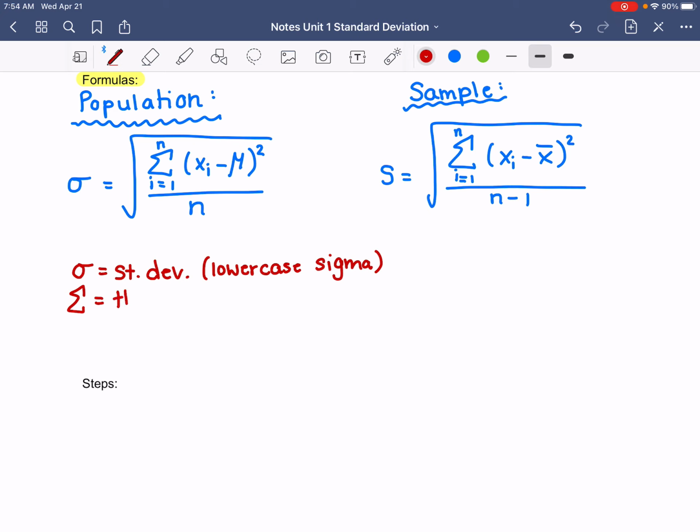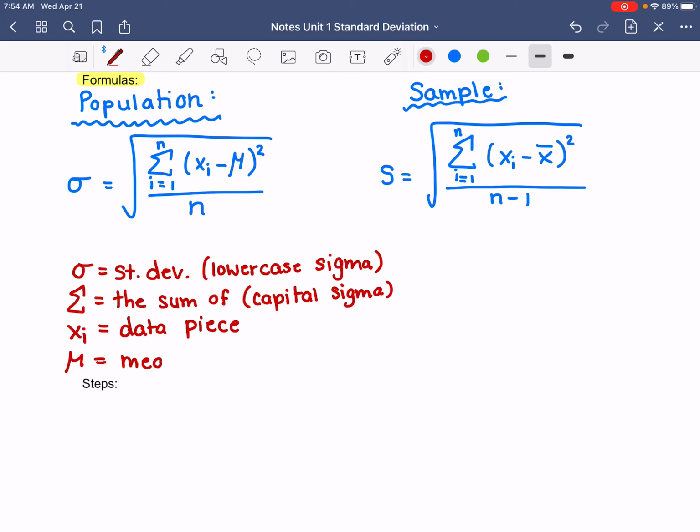This means the sum of. X sub i just means your data piece. Mu just means your mean. N is just your number of data.